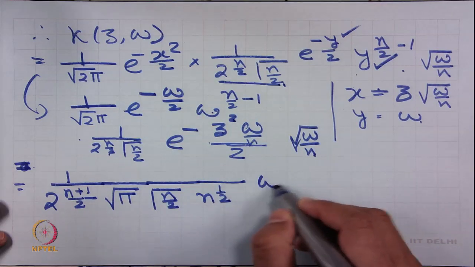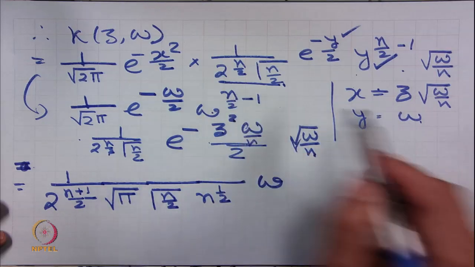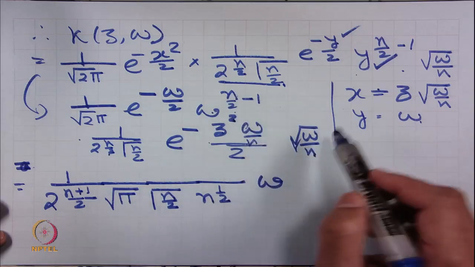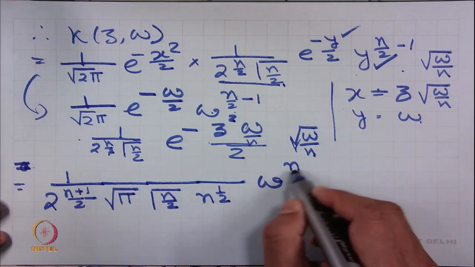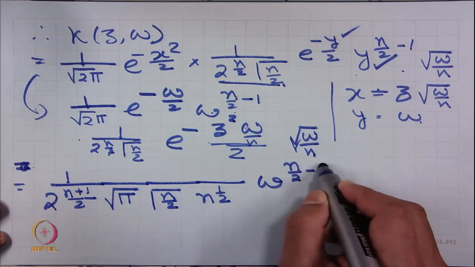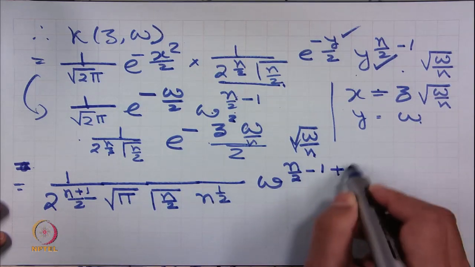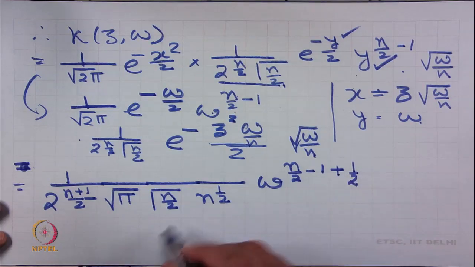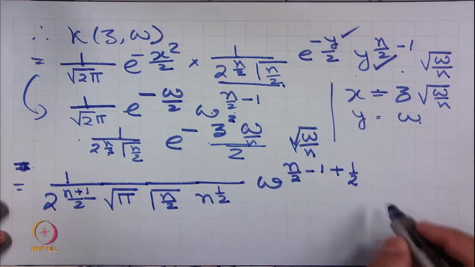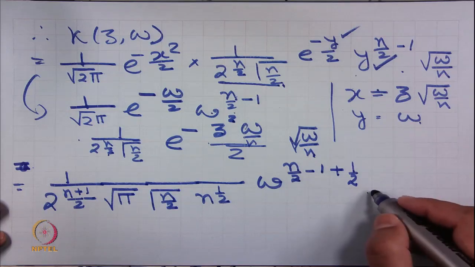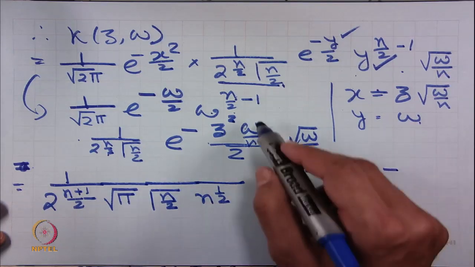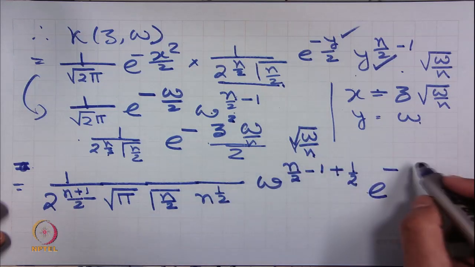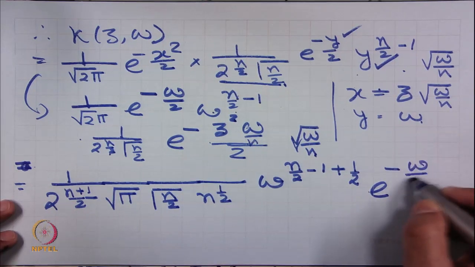So, it is w to the power n by 2 minus 1 plus half, multiplied by e to the power minus w by 2.